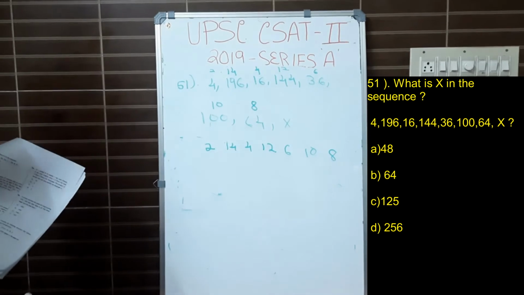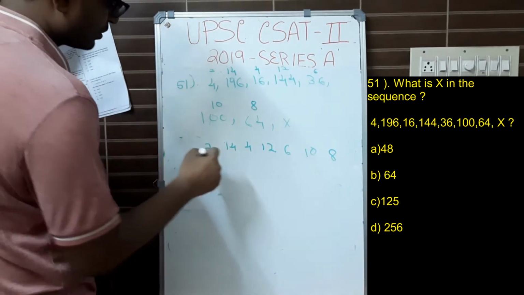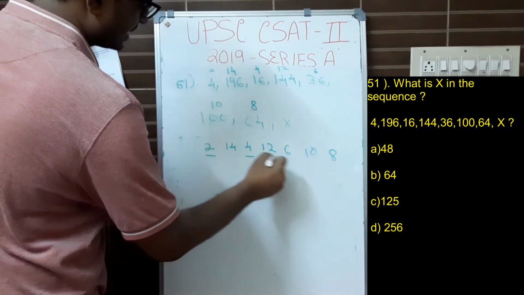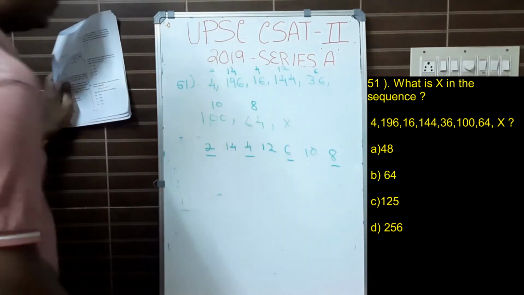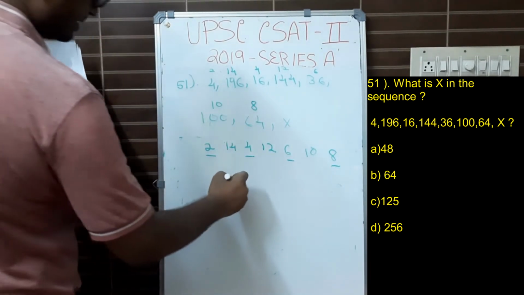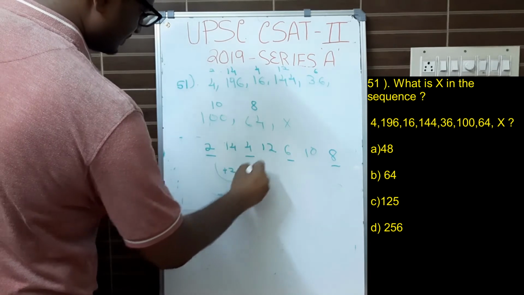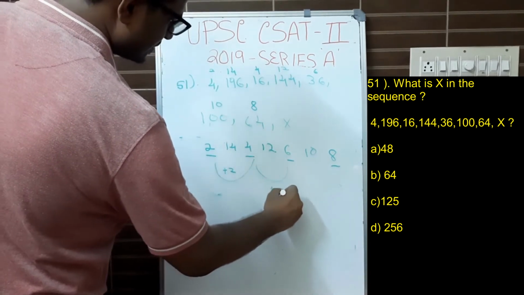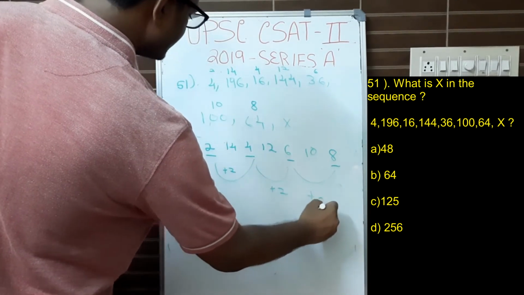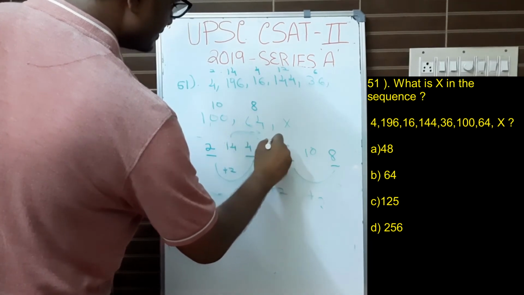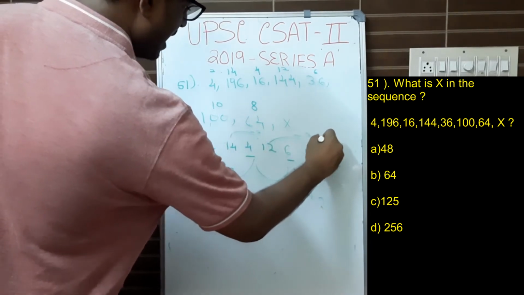Okay. So in this kind of problems, what you need to do is focus on the alternate numbers. So I think some pattern is emerging here. Plus 2, and plus 2, minus 2, and minus 2.